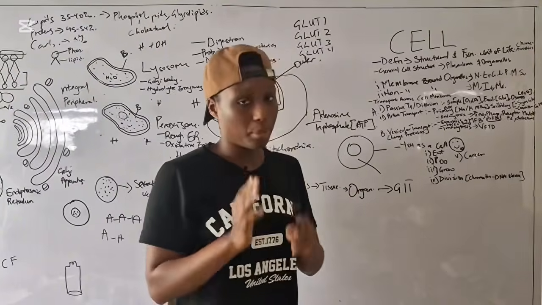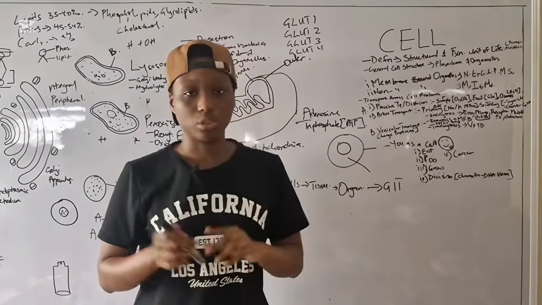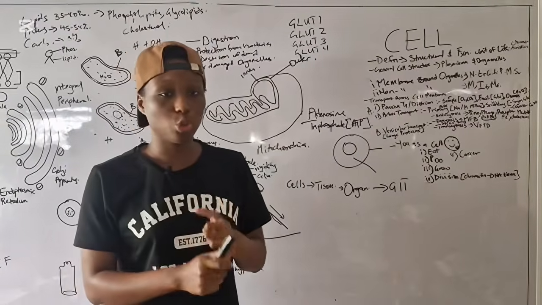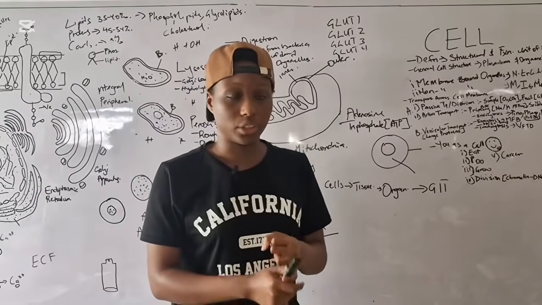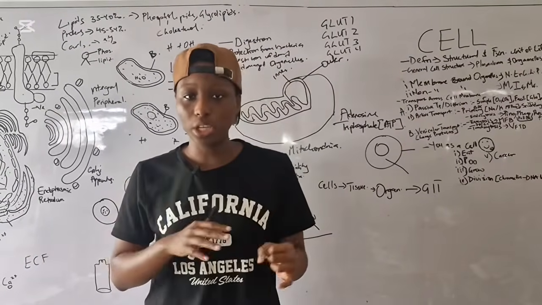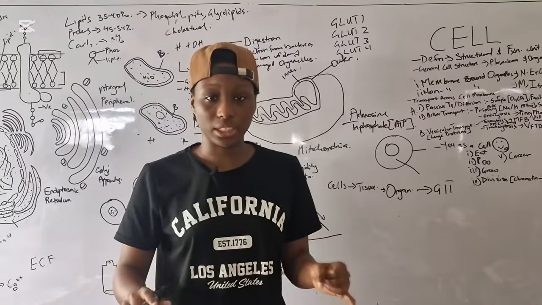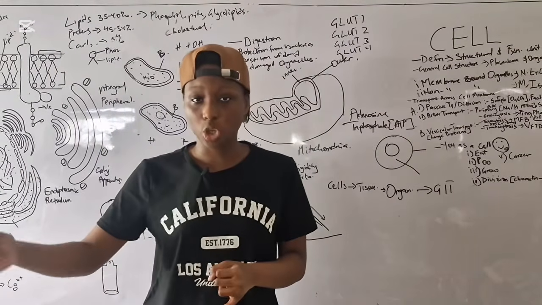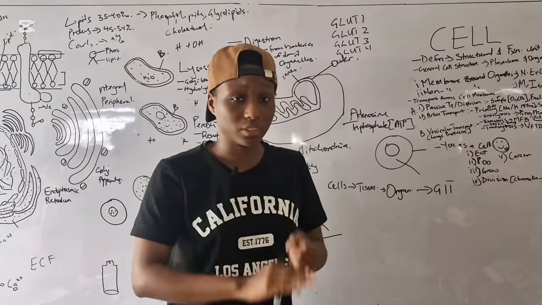Passive transport, number one, requires no net energy. The only energy that can be involved, which is not considered in this case, is thermal energy from the movement of those molecules, but no energy is used in passive transport.